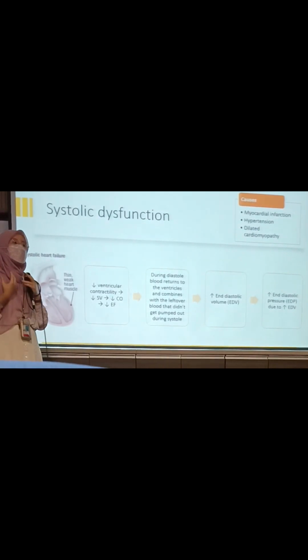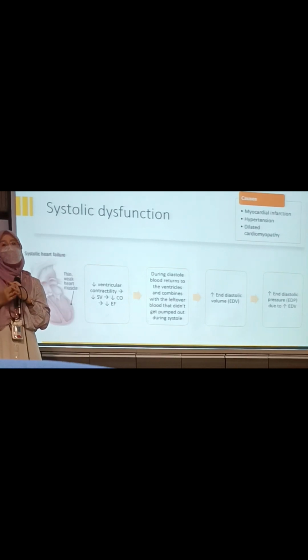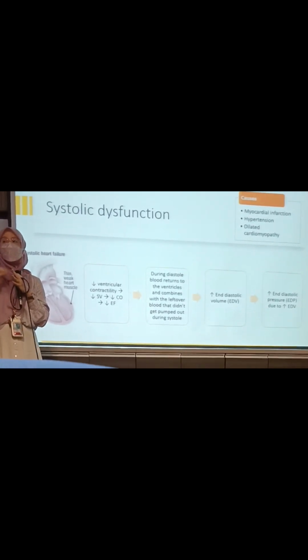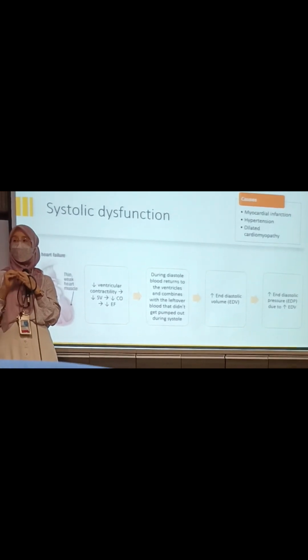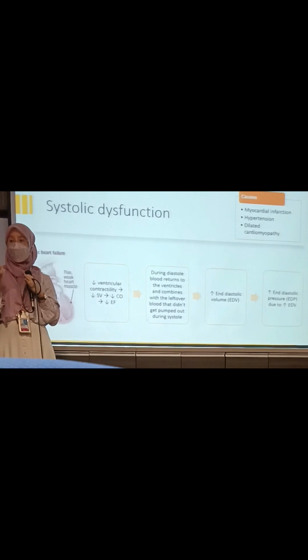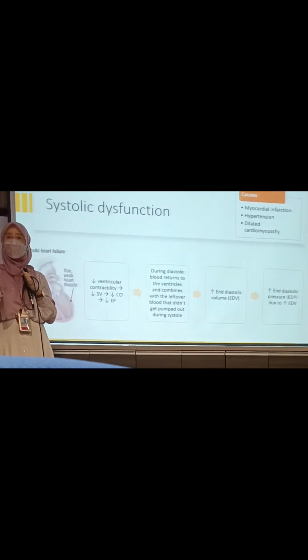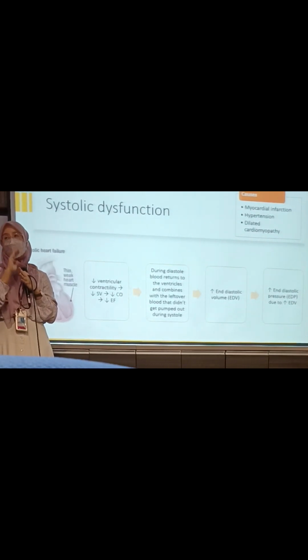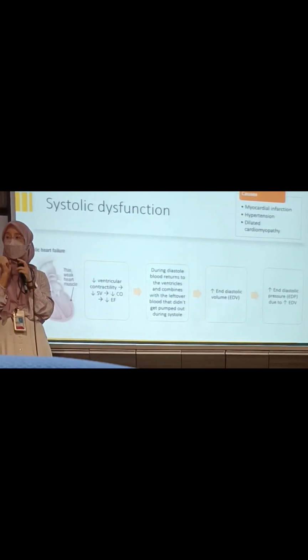So what are the causes of systolic dysfunction? Examples, the myocardial infarction. So infarction, kita dah belajar MI kan. So in MI, the cardiac muscle tu mati. So when part of the ventricles tu mati, let's say in the anterior MI ke, that part cannot contract.